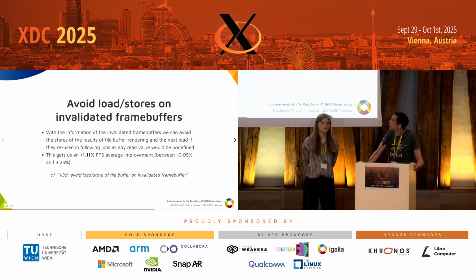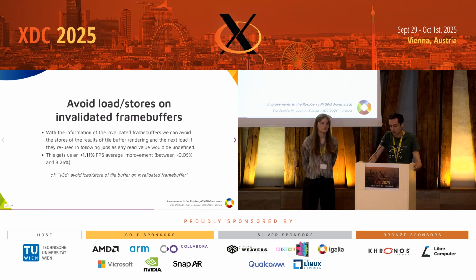So the first improvement happens when we have invalidated frame buffers. Before these improvements, we were running all the tiles, and when running the tiles, there is a step of loading the tile buffer, and then another step of storing the result of the tile buffer. But when we have invalidated frame buffers, it's not required. And the loading and the store is quite an expensive operation. So by just avoiding this, we get an improvement of 1%.